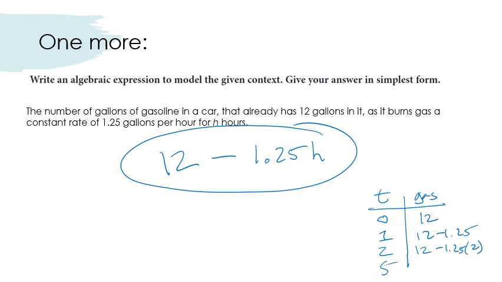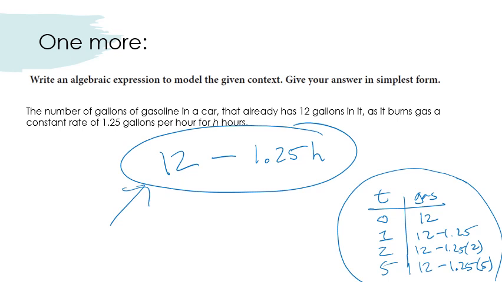Let's say in 5 hours, I've got 12 minus, now I've got 5 hours, and each hour I burn 1.25 gallons. So I've got 5 groups of 1.25, which is 1.25 times 5. So this table of values shows how this is working and where this comes from.